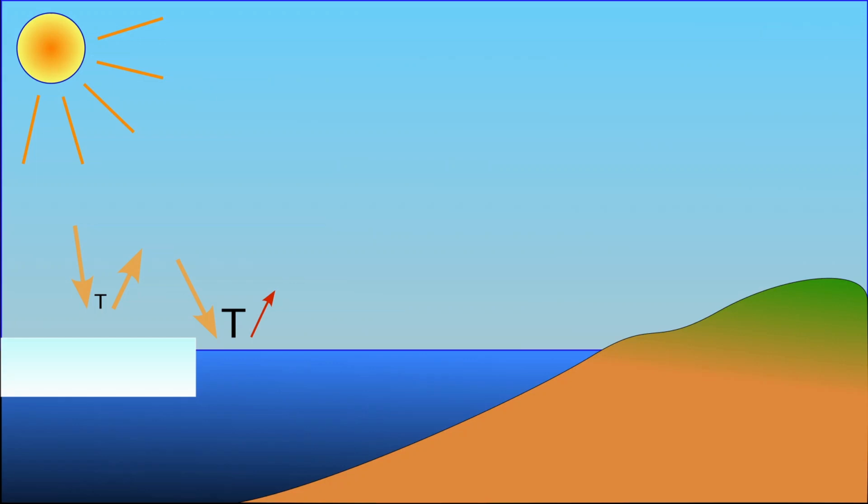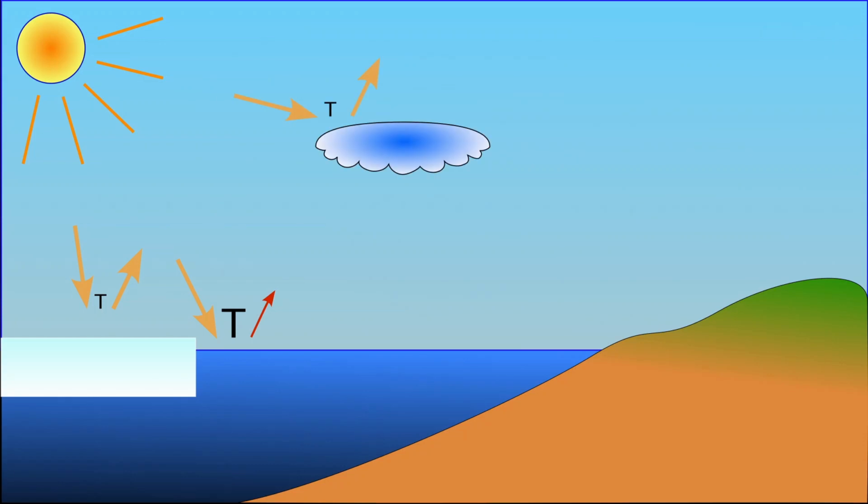like this ice sheet, for example. So when solar radiation is hitting a surface of ice, a much larger part of it is reflected when compared to open water. So here the ice will not heat up as strongly as the ocean will heat up, and a good part of this radiation is reflected. This is called albedo, by the way, and we will come back to this albedo later.